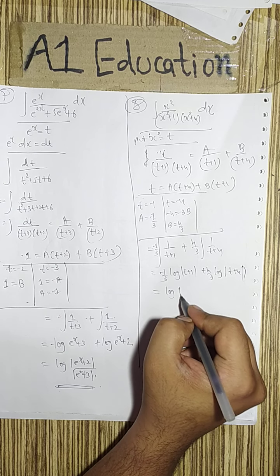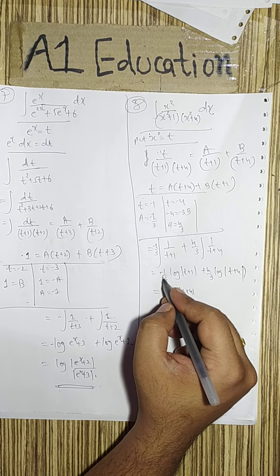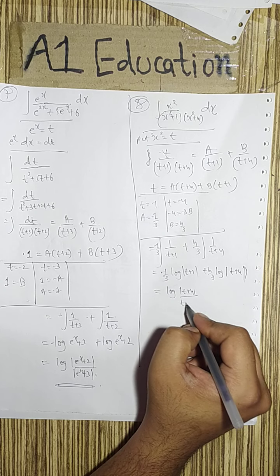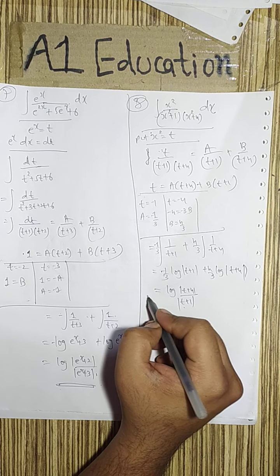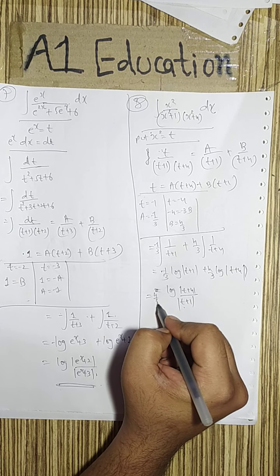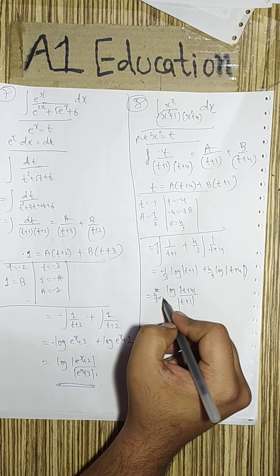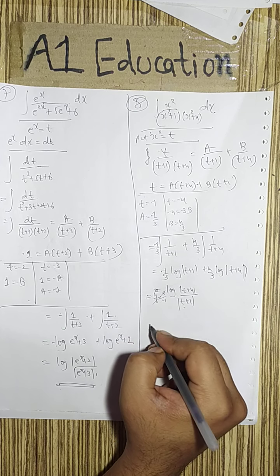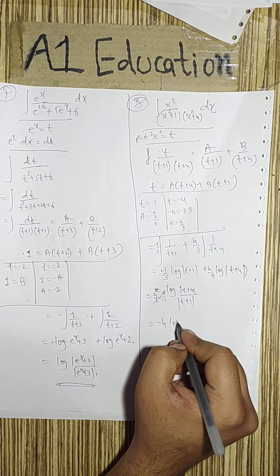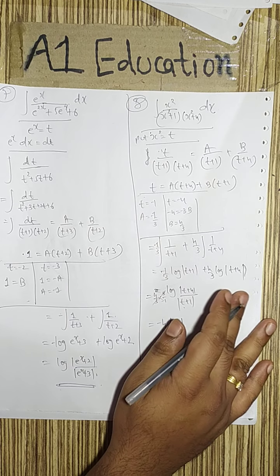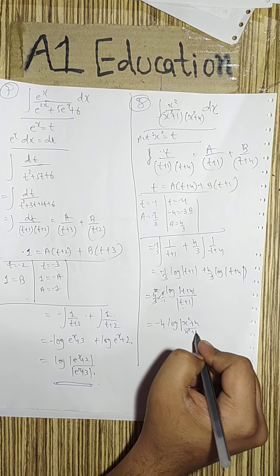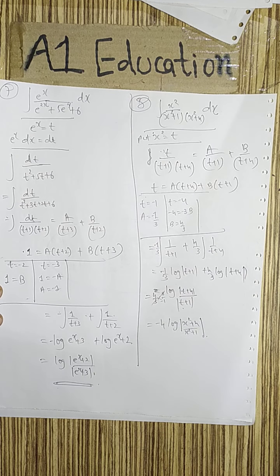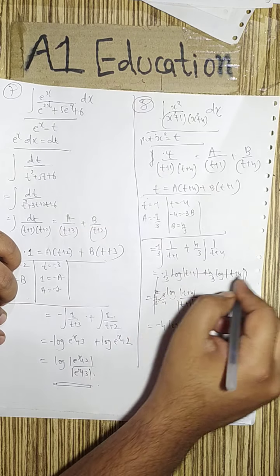Log of t plus 4 minus this, so this will go into the denominator, t plus 1. So how will you multiply these numbers? 4 by 3 upon minus 1 by 3, so that will be minus 4 log of x square plus 4 upon x square plus 1. No, sorry, this part is wrong.